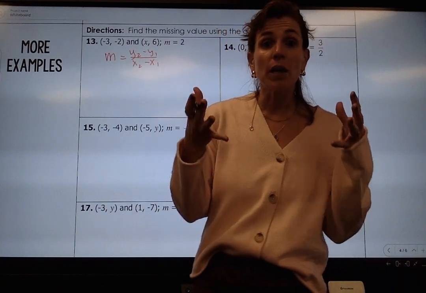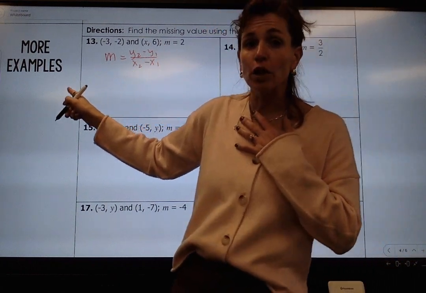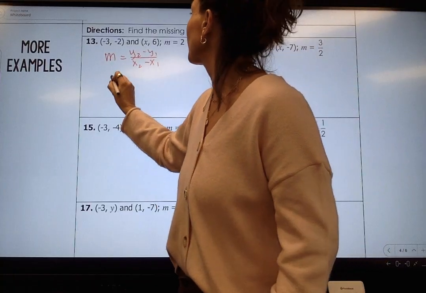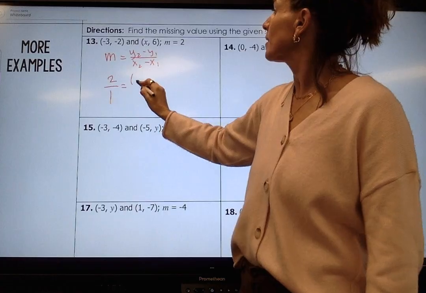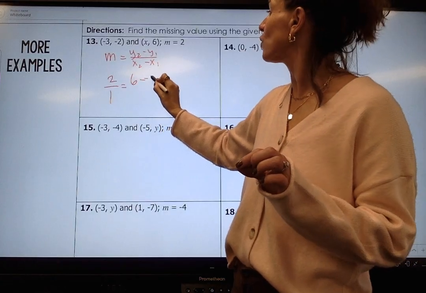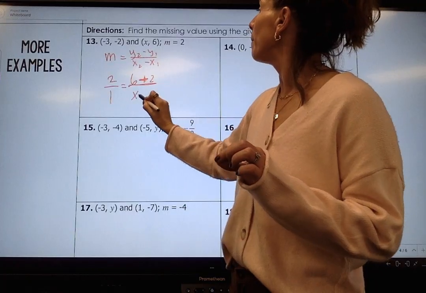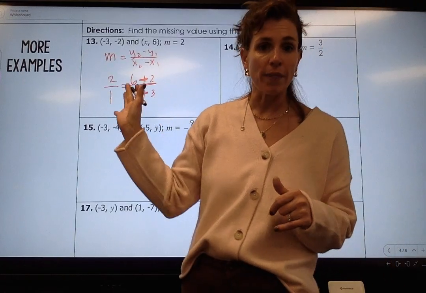And now I just plug in values. So watch what happens. Now, I do want my slope to be a fraction. So I'm going to turn 2 into a fraction. And I get 2 over 1 equals 6 minus a negative 2 becomes positive over x minus a negative 3, which becomes positive. Okay, so we've done that.